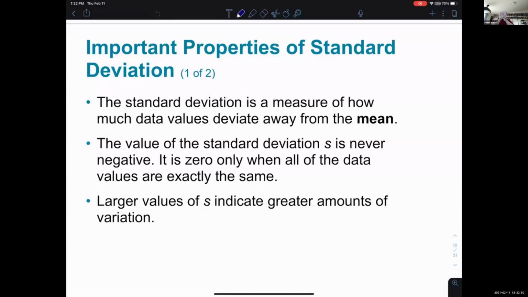As you're thinking about how far away data values are from the mean, you can think of that like distance. How far are you away? Well, are you above or below? Well, we don't care. We just care how far away you are. And when you're thinking about distance between things, that also makes sense to never be a negative number. I can't be -2 feet away from something.